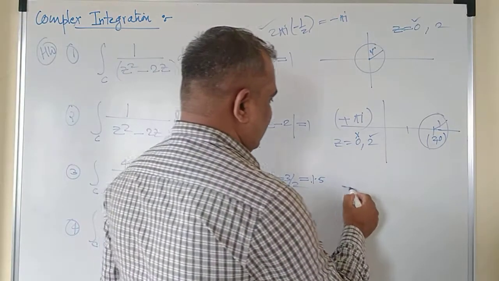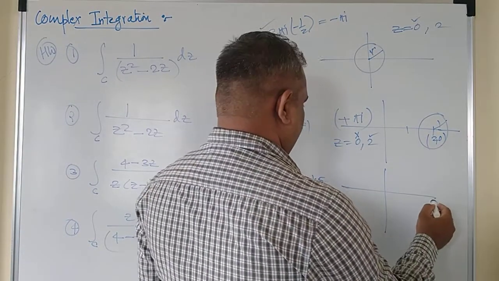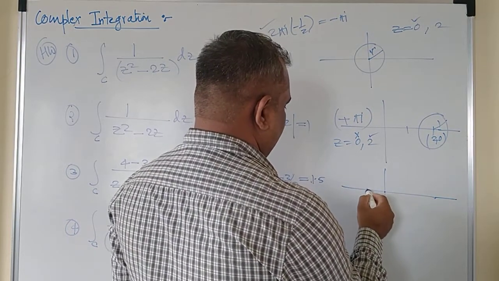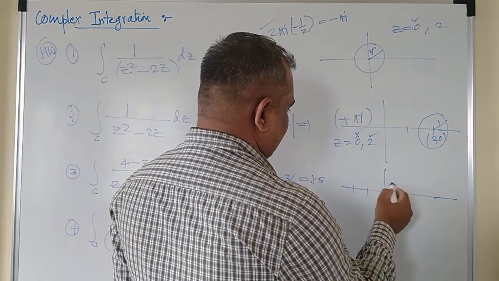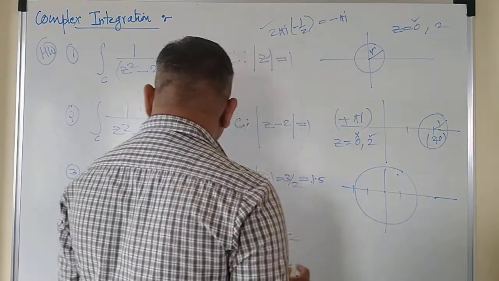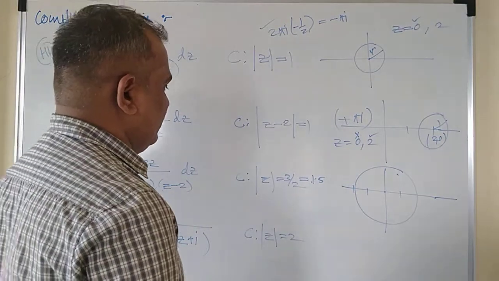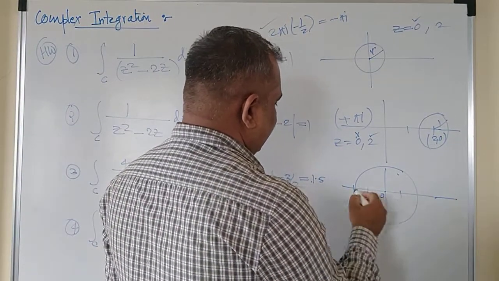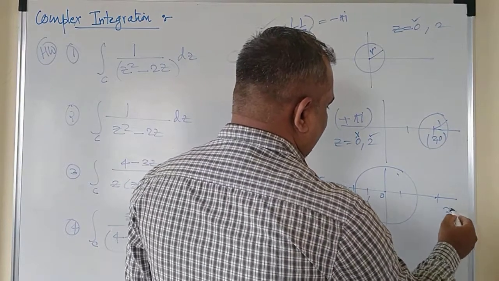Let me draw the diagram. So 0, 0 is here, and radius is 1.5. This is 1, and let us say this is 1.5. So this is the complete diagram, right? And these points are 0, 1 and 2. So 0 and 1 lie inside the contour, whereas 2 lies outside the contour.